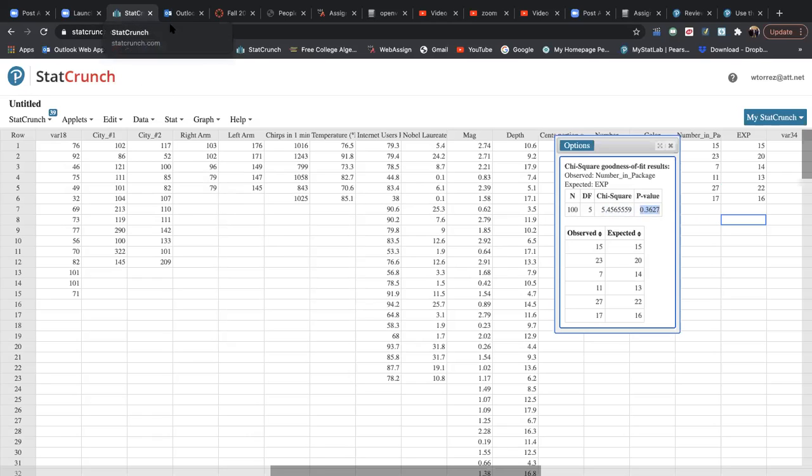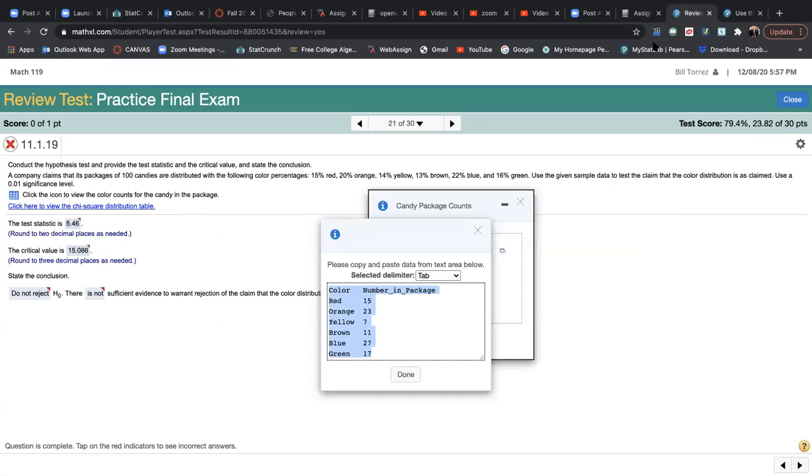Okay, so let's go ahead, put in 5.46, and here the student answered 16.52, and the answer would be 5.46 plus or minus 0.01.